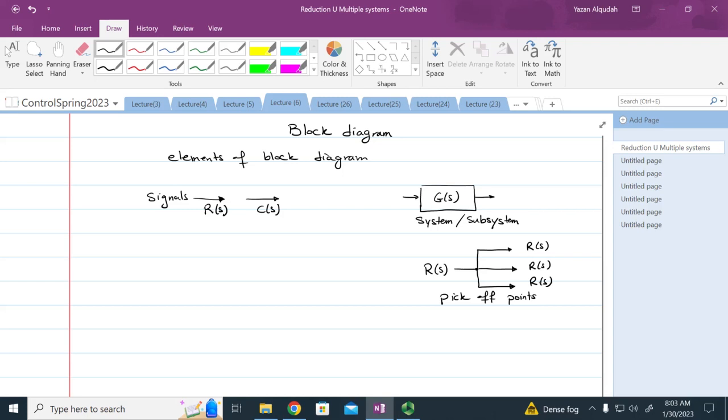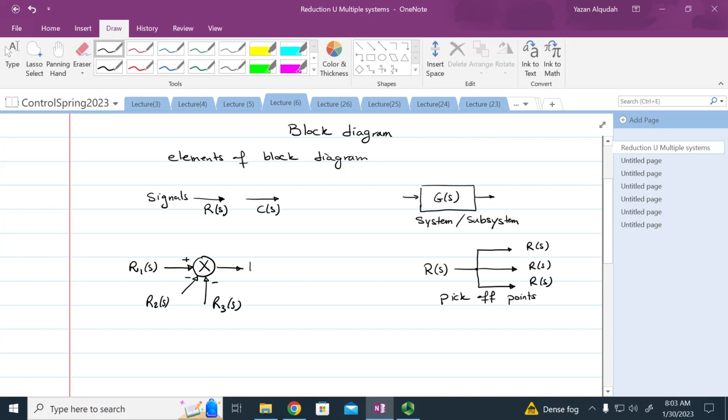Another element that we'll see is the adder. So if we have R1 of S, R2 of S, R3 of S. Now, depending on the sign that these are coming to the adder, they're going to be added or subtracted.